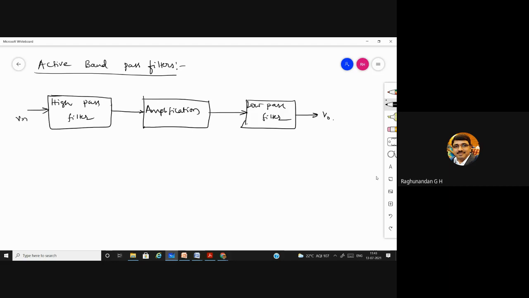It is known as the active band pass filter, and this also is of different types, namely wide band and narrow band. In wide band, the midband region will be wide, but in narrow band, the midband region will be narrow. That is the difference.